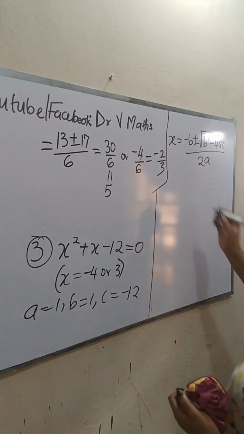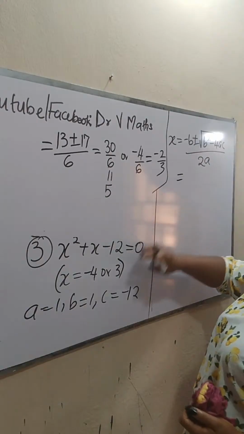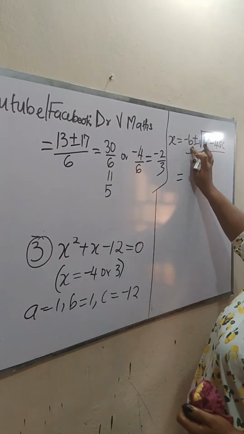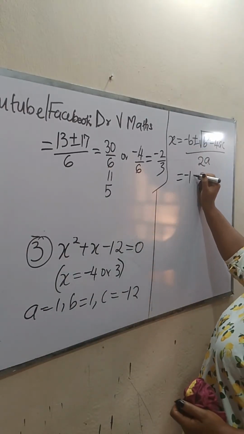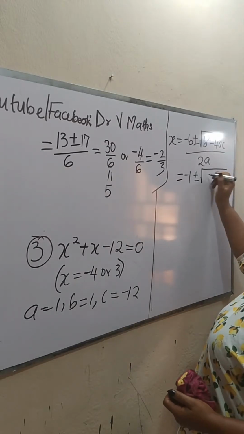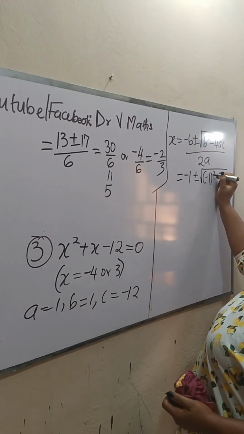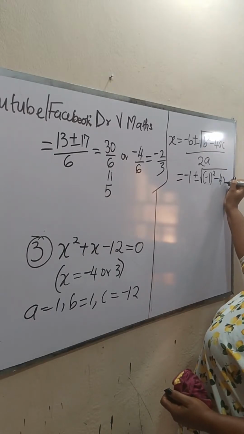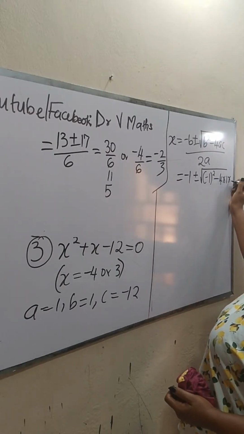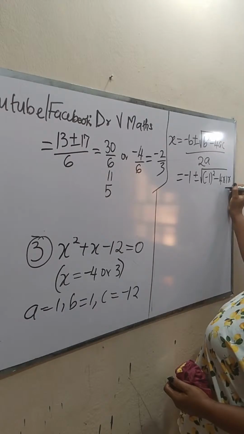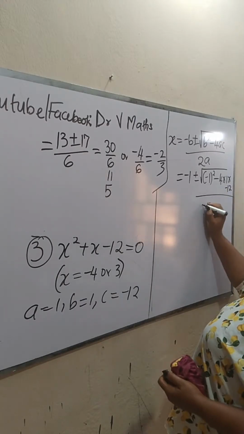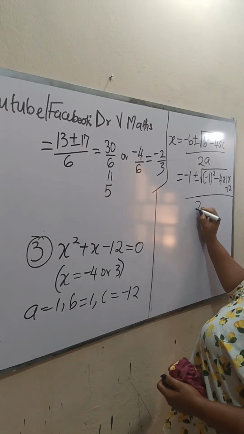Then let's go. So this is equals to, our b is 1, minus 1 plus or minus square root of minus 1 squared minus 4 times a, our a is 1, times our c is minus 12, all over 2a, 2 times 1.